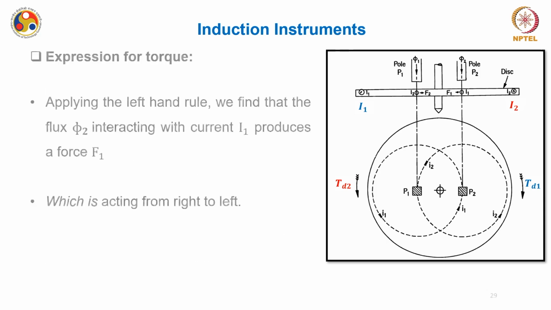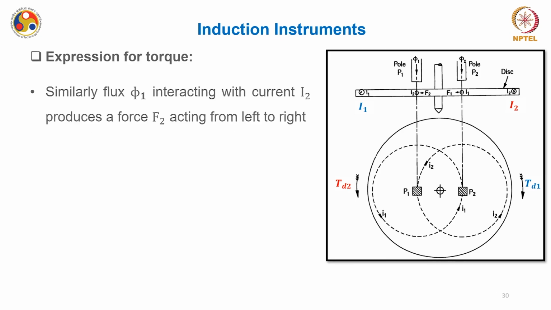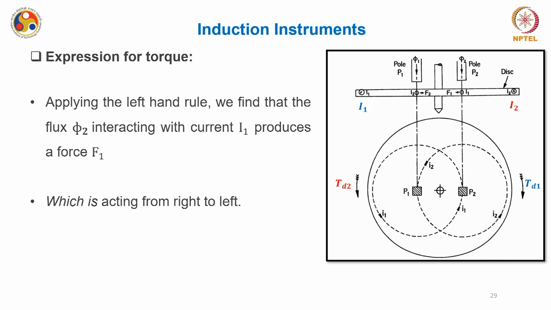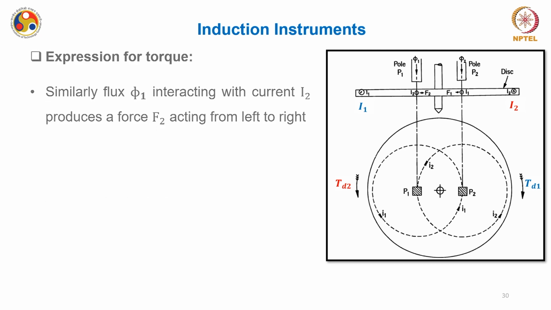Now applying the simple left hand rule, we find that the flux phi 2 which is interacting with current I1 produces a force F1, which is acting from right to left, and flux phi 1 which is interacting with current I2 produces a force F2 which is acting in just the opposite direction, from left to right.